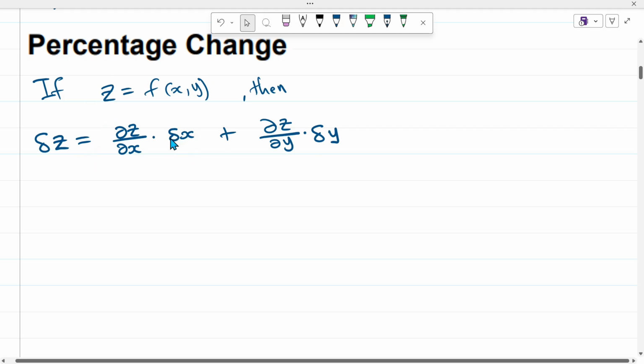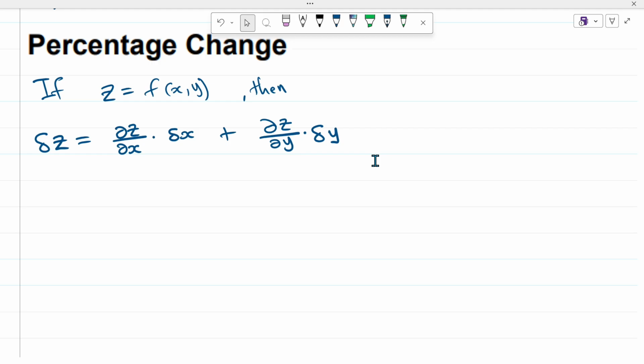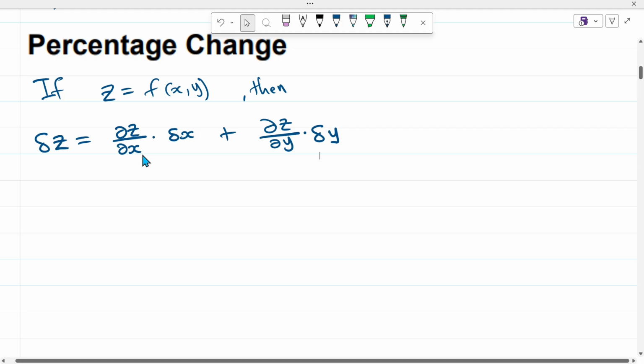So you'll be told that x changes by this percentage, and y also changes by this percentage, so you just substitute there. The only thing that makes percentage change different from a small change is that we take z out as the subject of the formula.